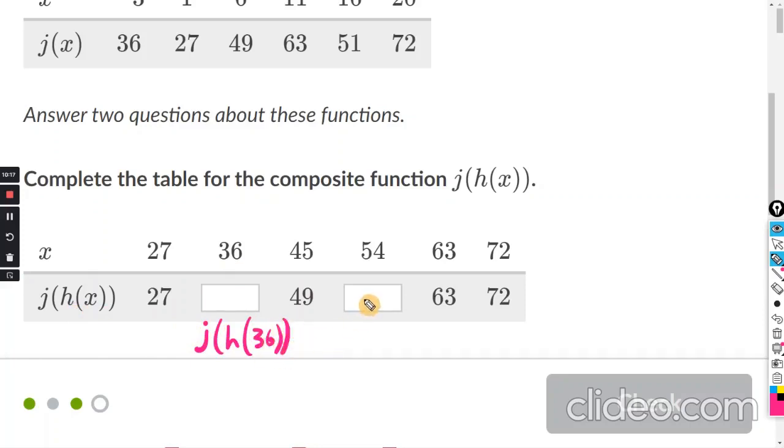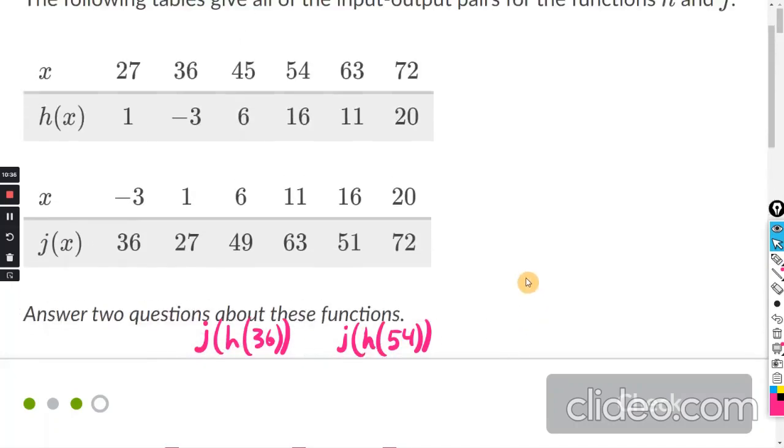And this box here is going to be j of h of x, but x is 54, so it's going to be j of h of 54. All right. So let's look up h of 36 and h of 54. Here's x equals 36.